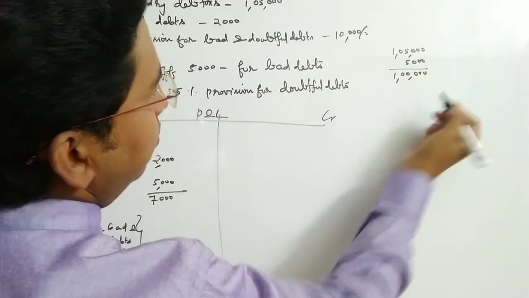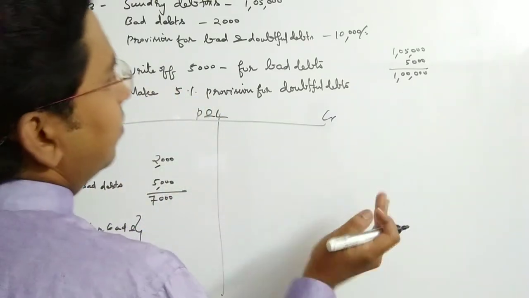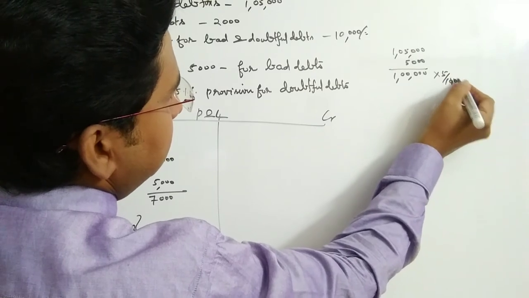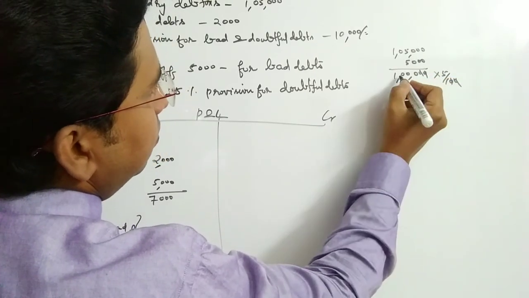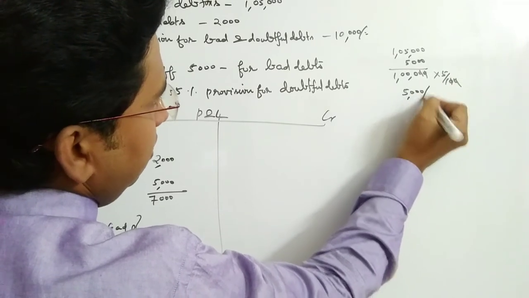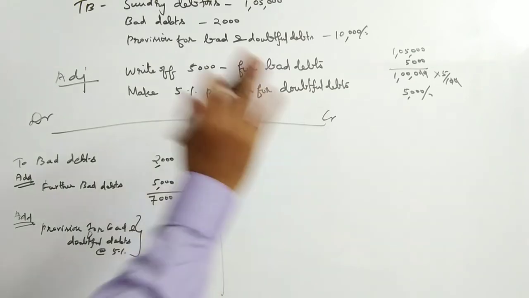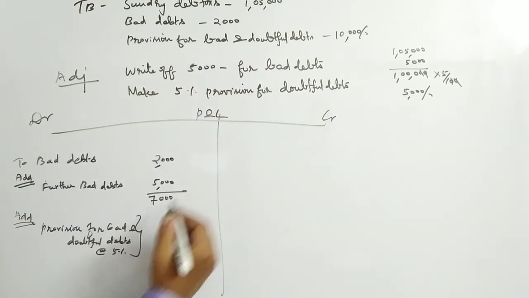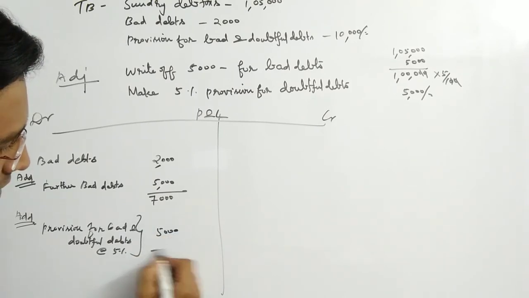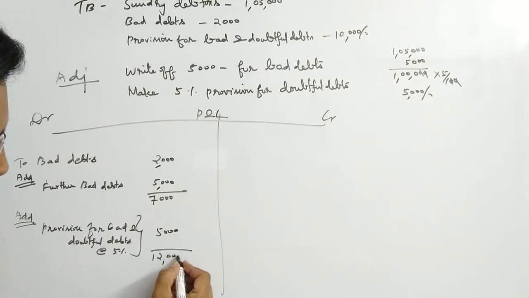So the remaining value will be 1 lakh, and you need to make the provision on 1 lakh only, the remaining sundry debtors. 5 by 100, cancel two zeros: 1,000 into 5 is 5,000. So this is the required provision, not a new provision. Add 7 plus 5, that is 12,000.